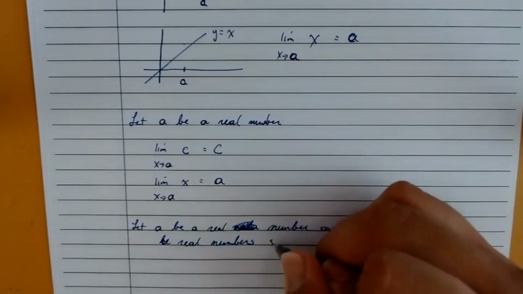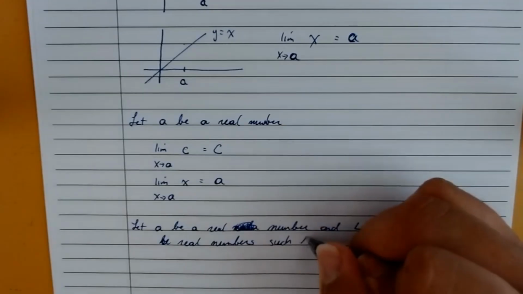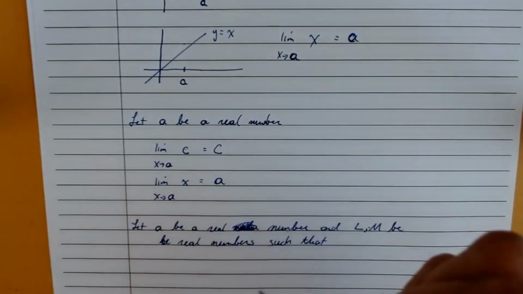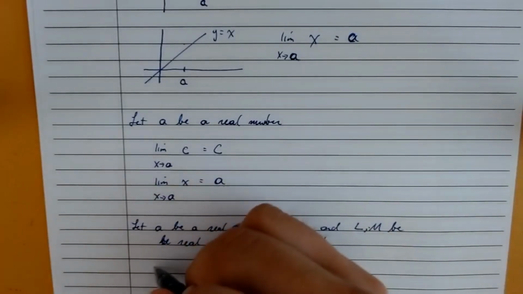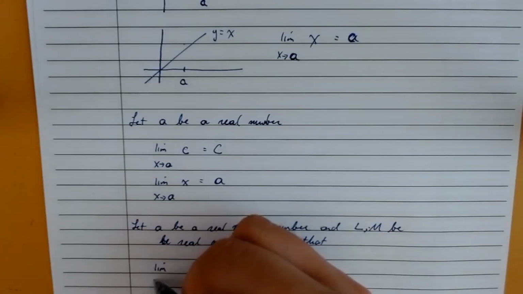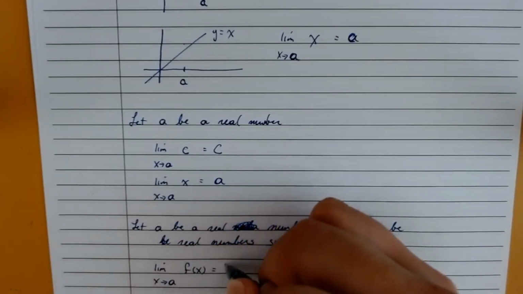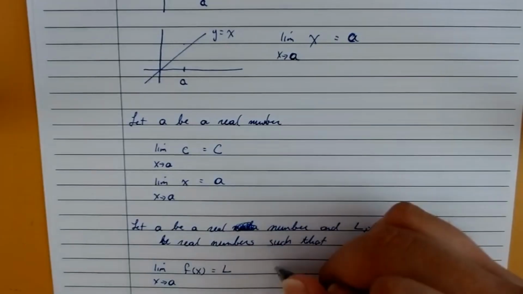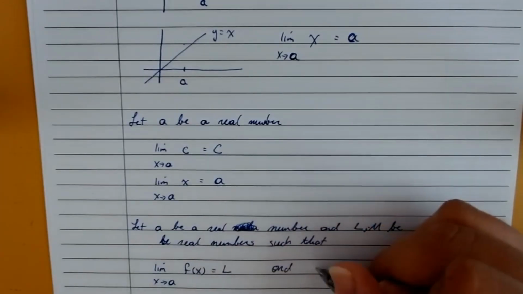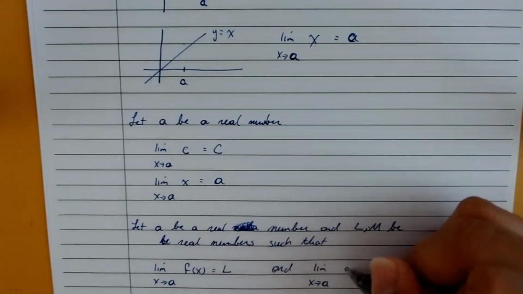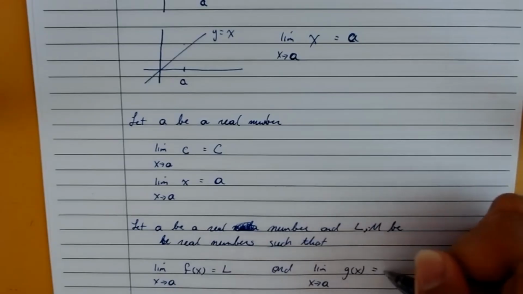But not just any real numbers. They're going to be real numbers such that if you take the limit as x approaches a of some function, that's going to give you L, and the limit as x approaches a of some other function is going to equal M.